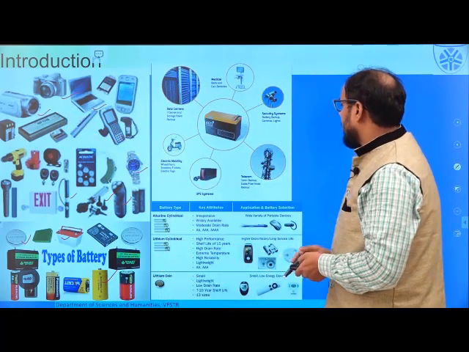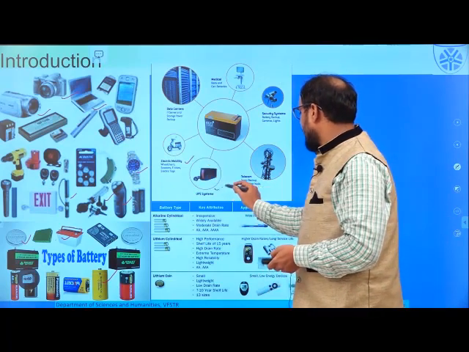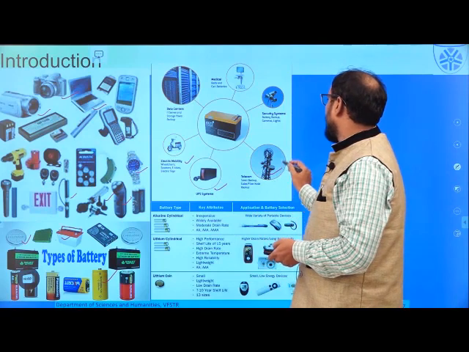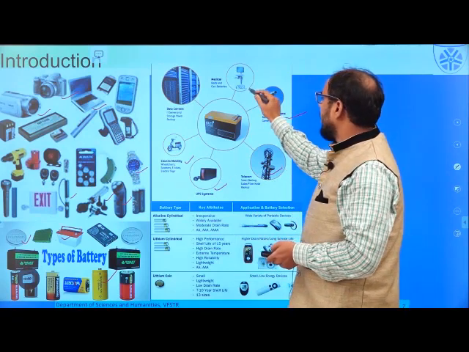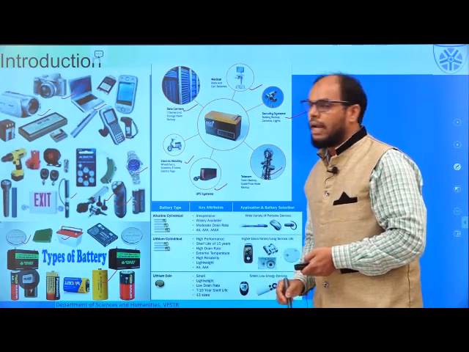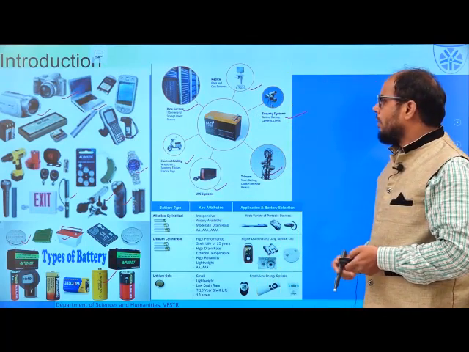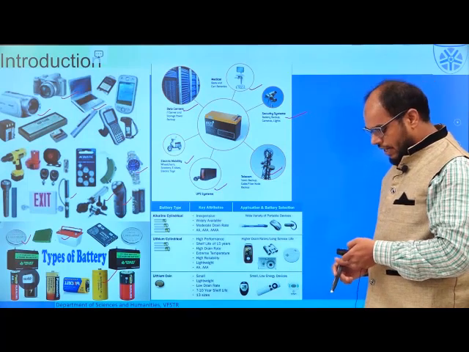Apart from these, we also require them for electric motors, the UPS system, the telecom system, the security system, the medical system, as well as data centers in storage power backups. So, we are supposed to depend on these batteries in our day-to-day life.